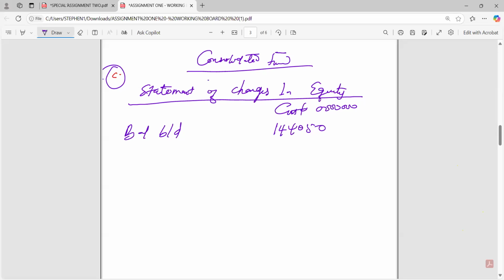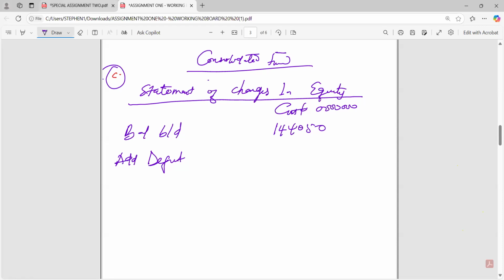You remember the one that I said, add equipment, less depreciation. Add the mistake, error, less depreciation. Do you remember those ones? In this question, there was nothing like that. Then you add the deficit or the surplus from the statement of financial performance for this year.